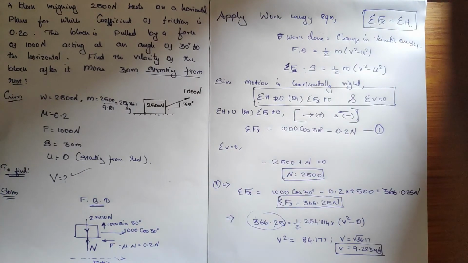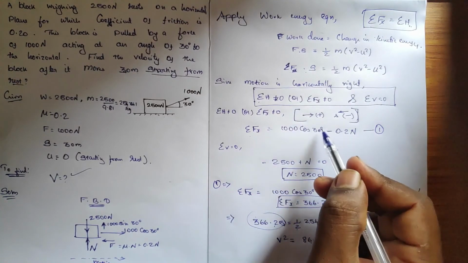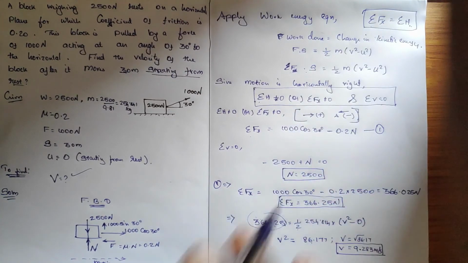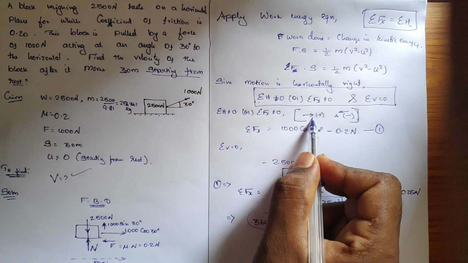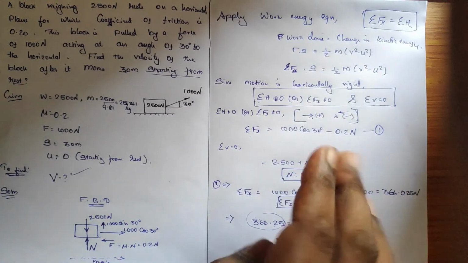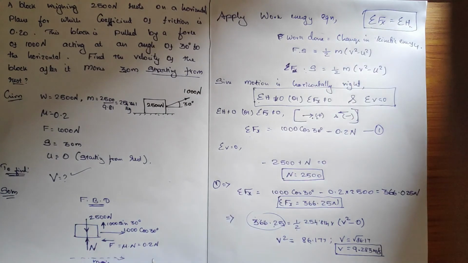When you are specifying the sign, you need to be clear. If the motion is right side, you need to take the right side force as positive and left side force as negative. If the motion is towards the left, then the left side force should be positive and the right side force should be negative.